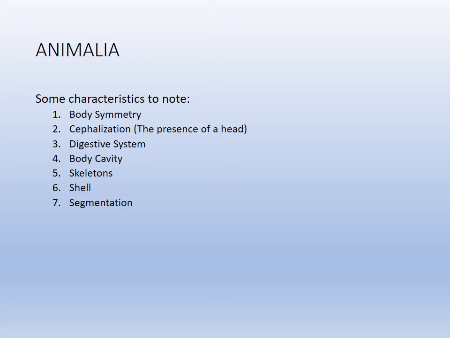Their calcium carbonate is taken from the seawater and laid down externally. So a shell's not a true skeleton. And then segmentation. Arthropods are famous for segmentation. Annelid worms are segmented. Human muscles segmented with myomers. So segmentation is another characteristic that animals may display.